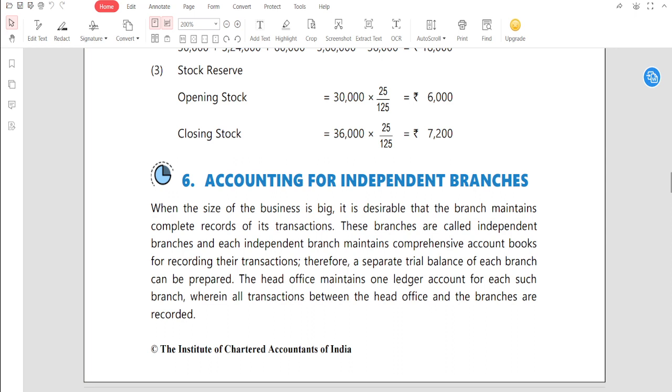Obviously they are directly related, but in terms of business they maintain separate books of accounts, and HO maintains a separate ledger for each branch to record all the transactions made between the branch and the HO. So this is the whole scenario in terms of the independent branch.